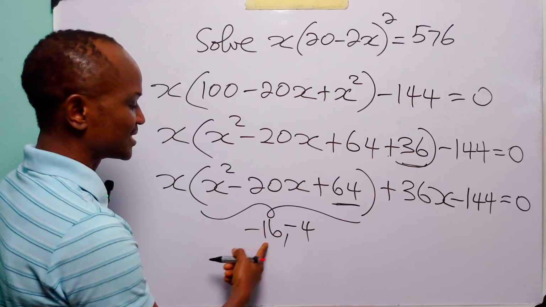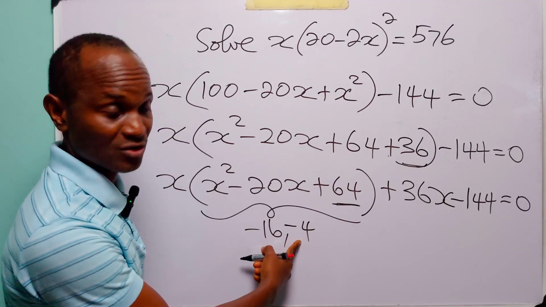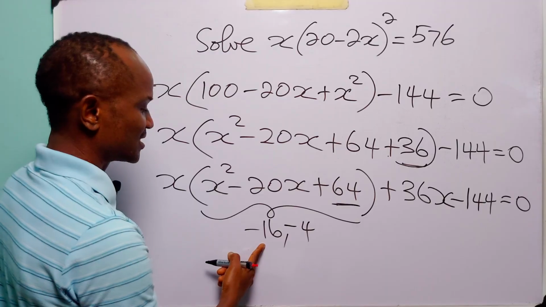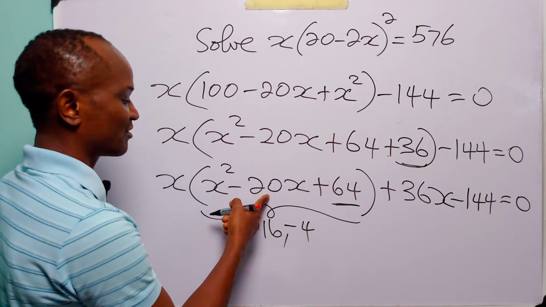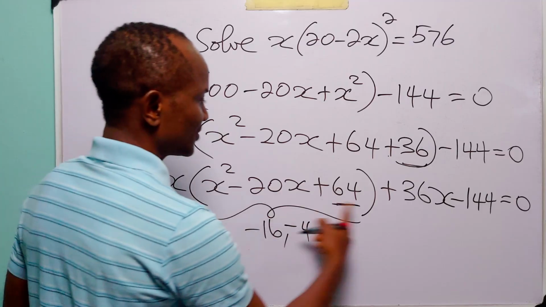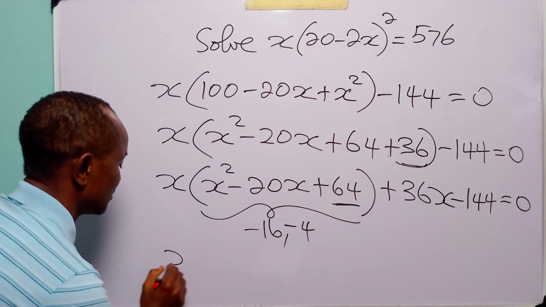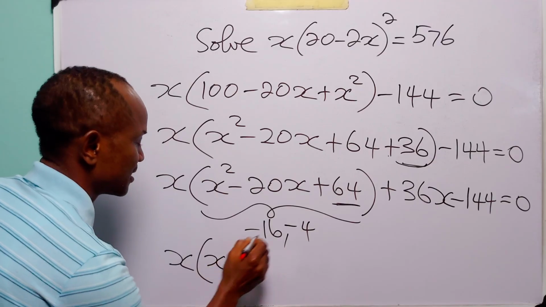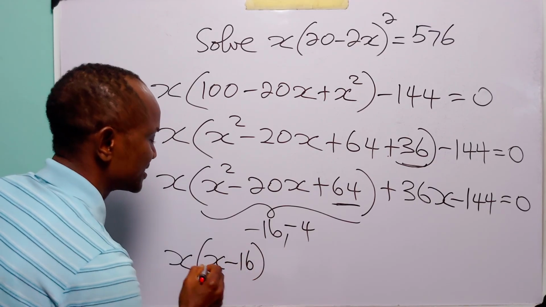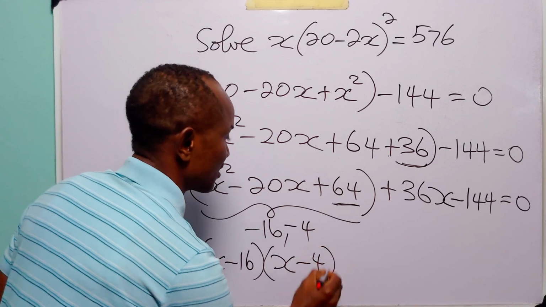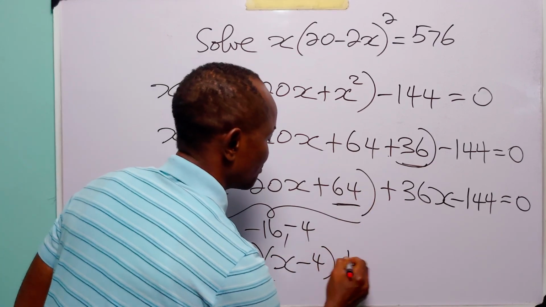Because minus 16 multiplied by minus 4 is going to give us plus 64, while minus 16 added to minus 4 is going to give us minus 20. So this becomes x times x minus 16 times x minus 4 plus.